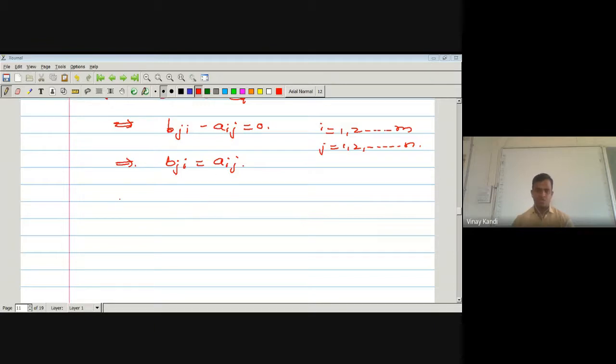Hence, what is B? Matrix of T transpose with respect to beta 1 star and beta star.